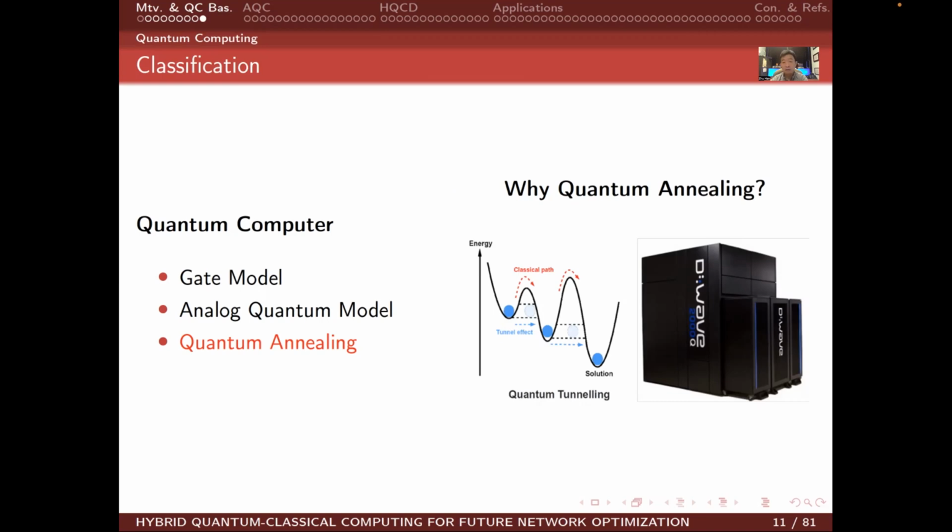Classically, we have simulated annealing: by heating up, if the optimization problem falls into a local optimum, it will heat up and then cool down, just like metal annealing, so that it can overpass this local optimum. Well, for quantum annealing, all those local optima already exist before your sampling.